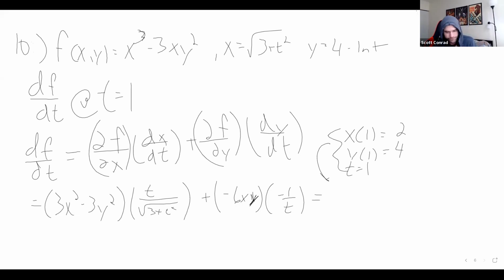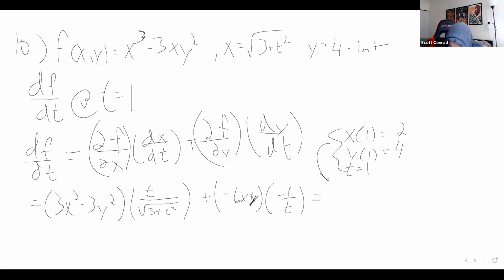And when we plug those in, we get 12 minus 3 times 16, so we get 4 minus 16, negative 12.